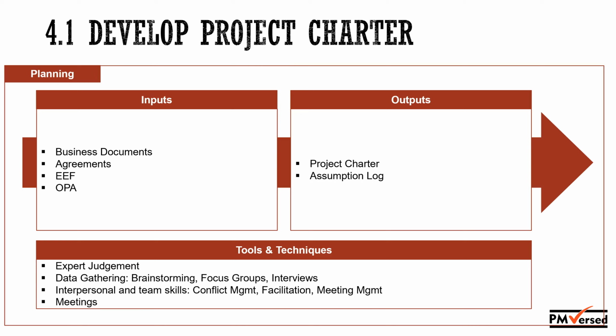Here I can show you that there are multiple inputs, multiple outputs, and multiple tools and techniques, and that's how we know how the Develop Project Charter process comes about and what it produces. So you're going to have to understand what Develop Project Charter does, what it produces, and what it took to produce it.